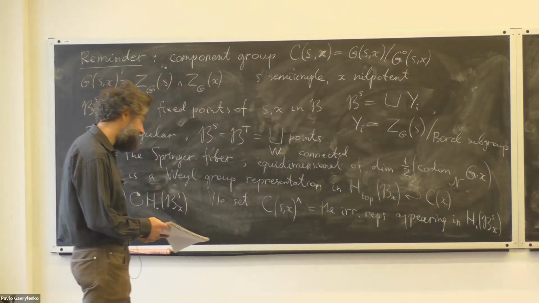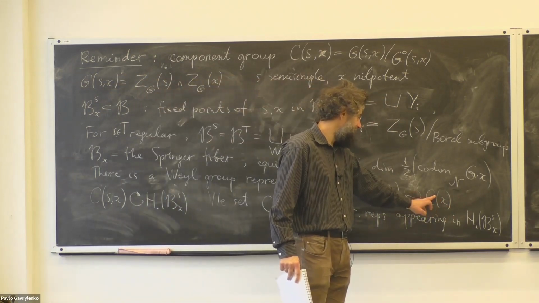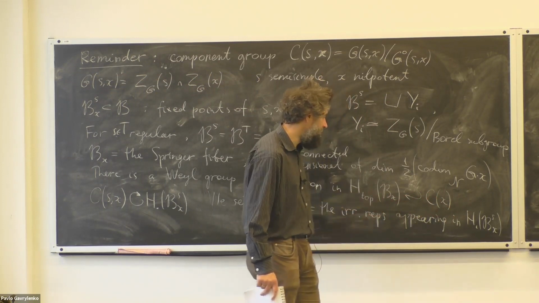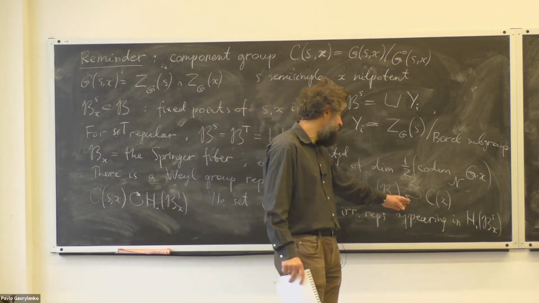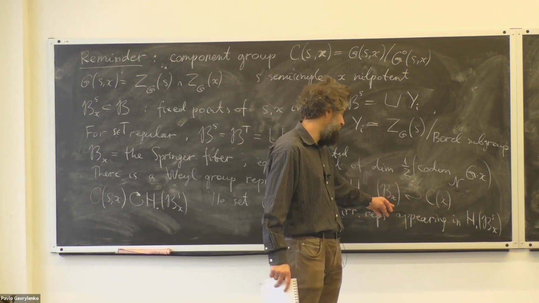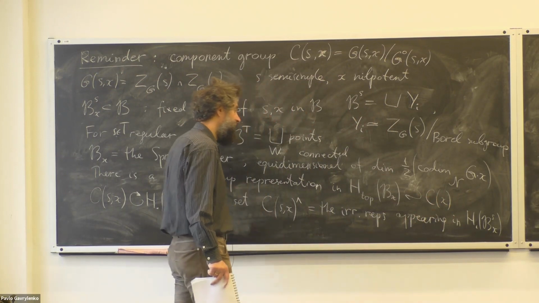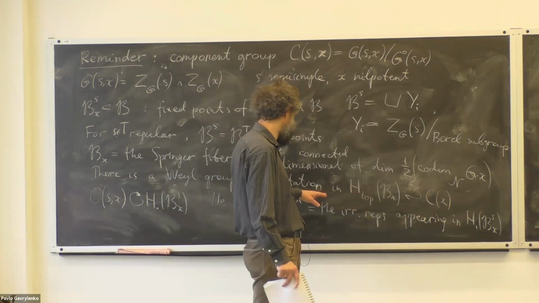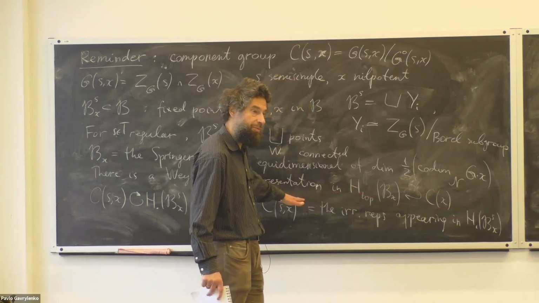And then again, not all the irreducible representations of this component group appear in the top Borel-Moore homology, but if we decompose this top Borel-Moore homology with respect to the action of this finite component group, then all the multiplicity spaces are irreducible modules over the Weil group, and this way you obtain all the irreducible representations of the Weil group.